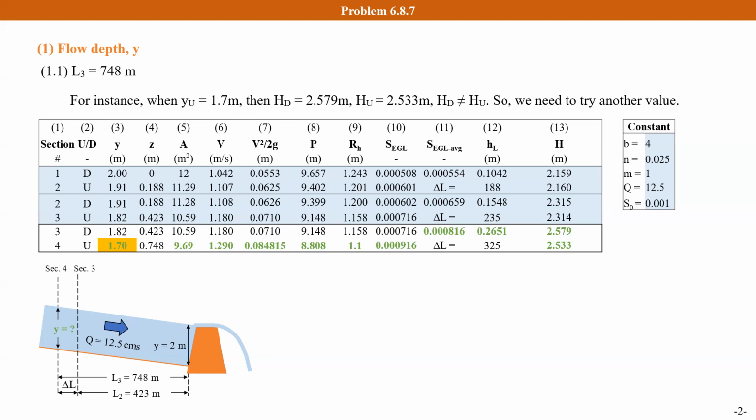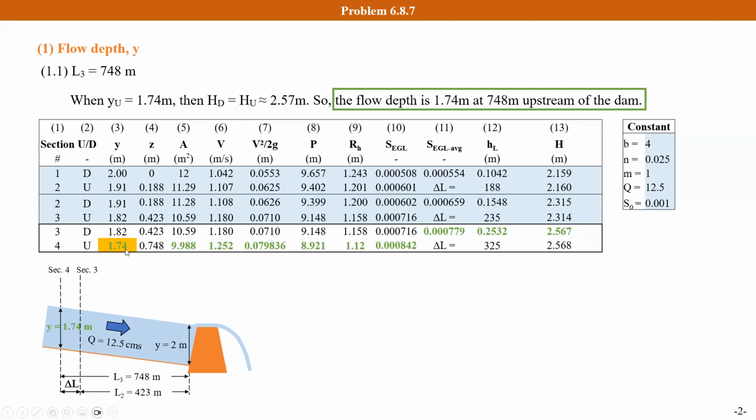So for instance, when we assume the water depth equals 1.7 meter, then we can read the number here. The total energy downstream doesn't equal the total energy upstream. So we need to try another value.